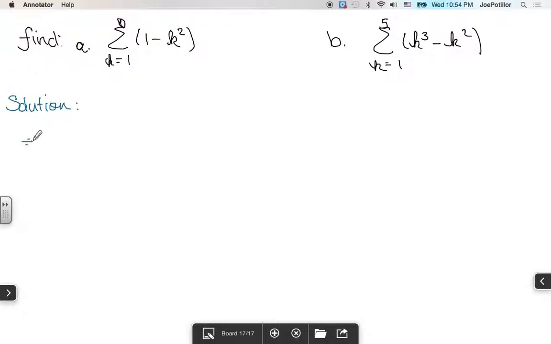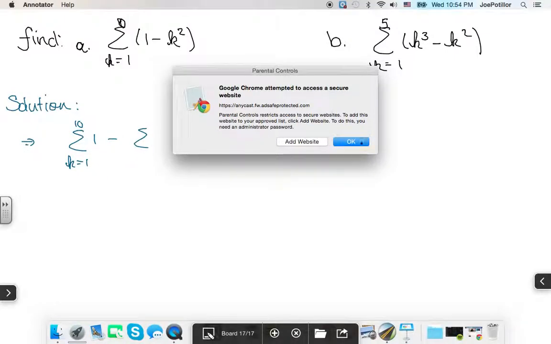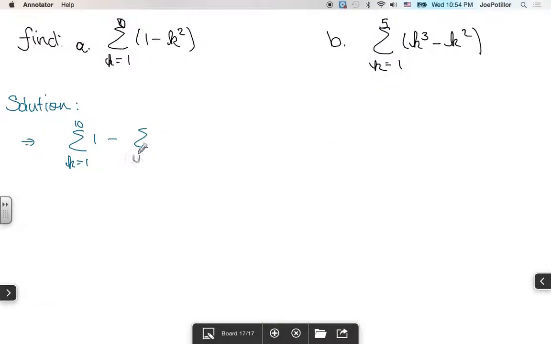So we use the property that the sum distributes. So we have the sum of 1 minus the sum, k equals 1 to 10 of k squared.